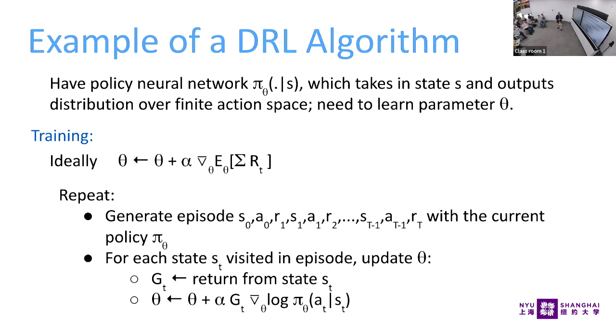Then we use our neural network to choose an action, and we give that action to the environment, which might be the robot or the chess game, what have you. That moves us to a new state and gives us a new reward. And we keep on going, and eventually the episode terminates.